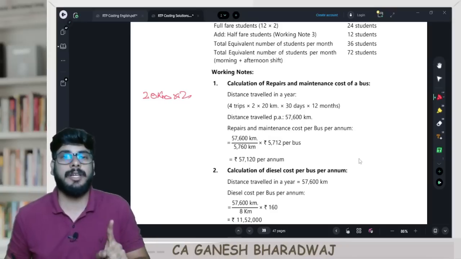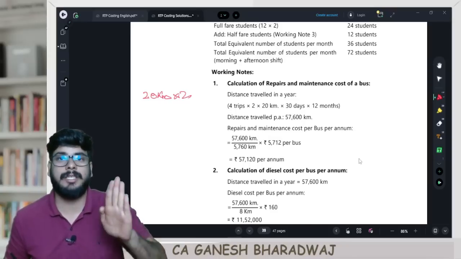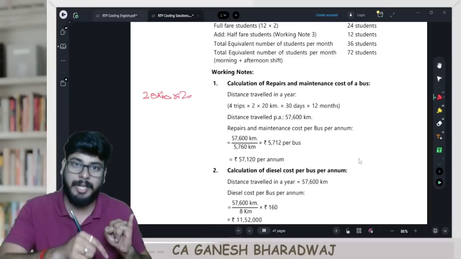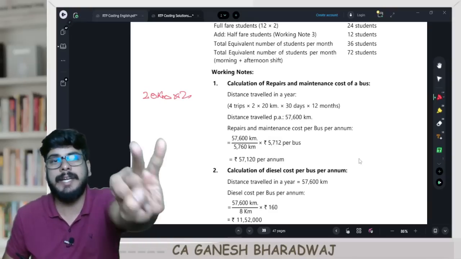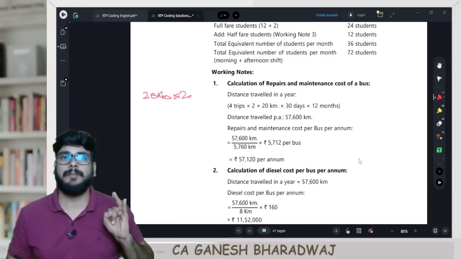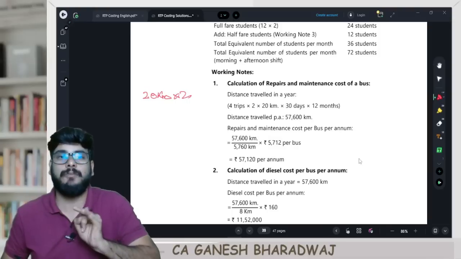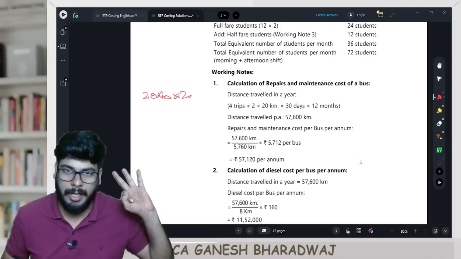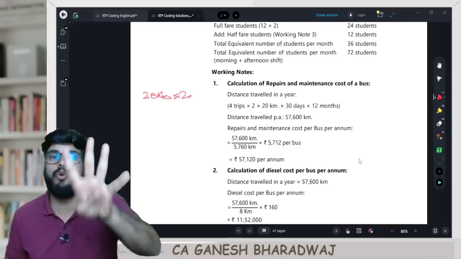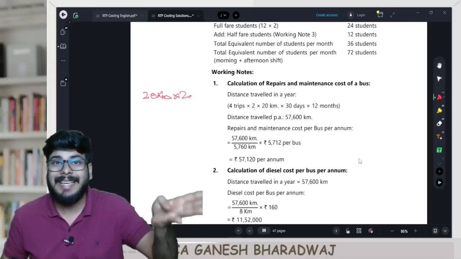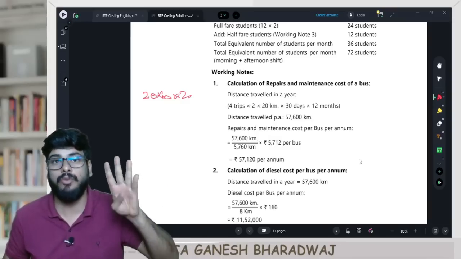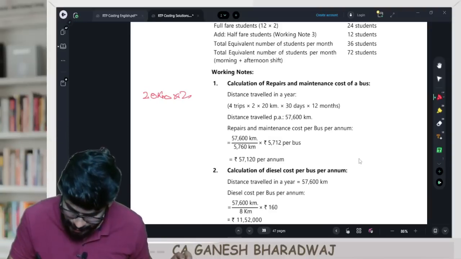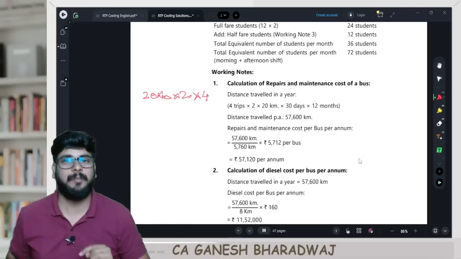In the morning, it starts from the college, goes, picks up and comes back, and for the same morning batch students, once again it will go, drop them and come back. Similarly, for the afternoon batch, it will go, pick them up and come back to the college, and once again go and drop them back, which means in a day it makes 4 round trips, 2 trips for the morning students and 2 trips for the afternoon students. So can I say into 4 trips a day, correct?